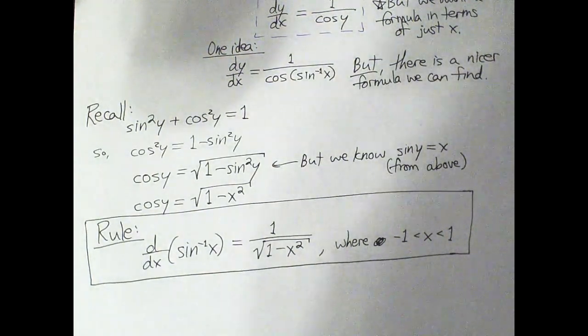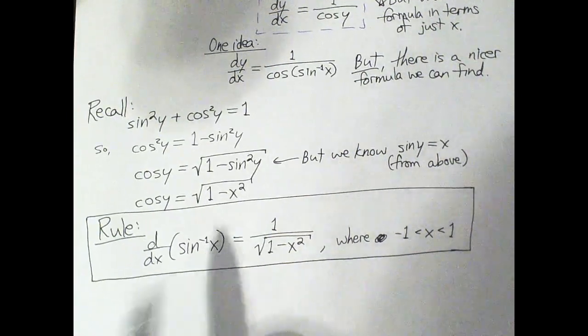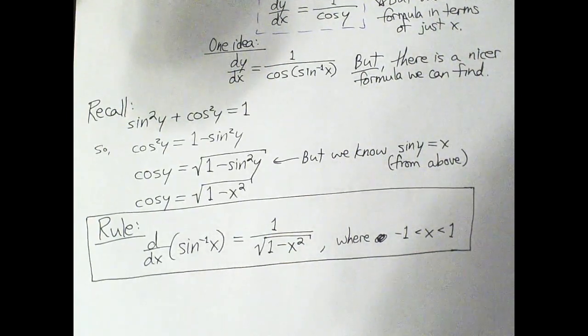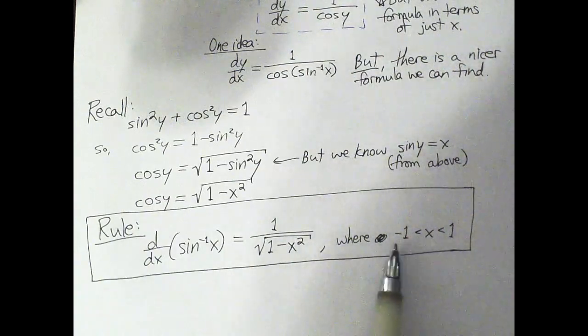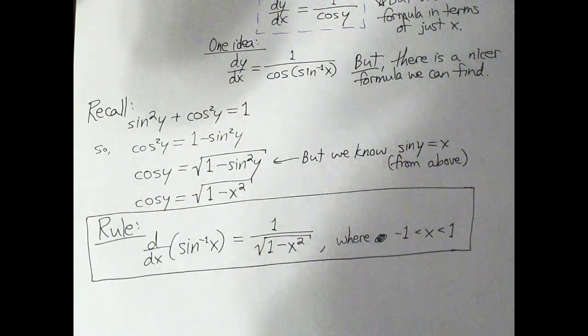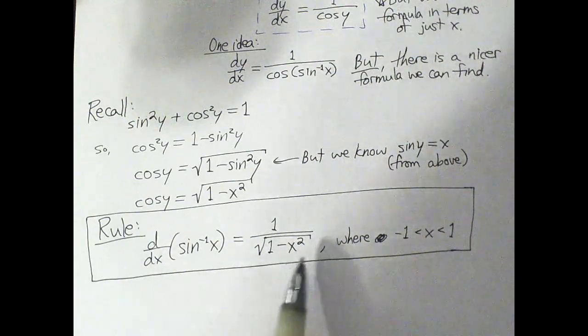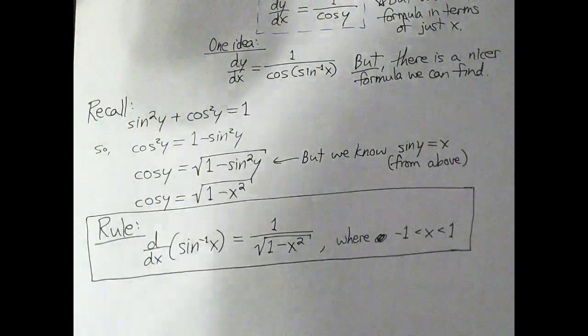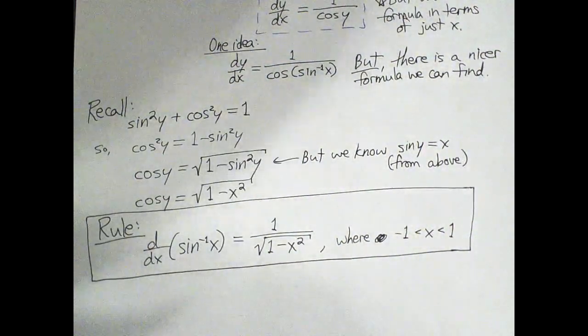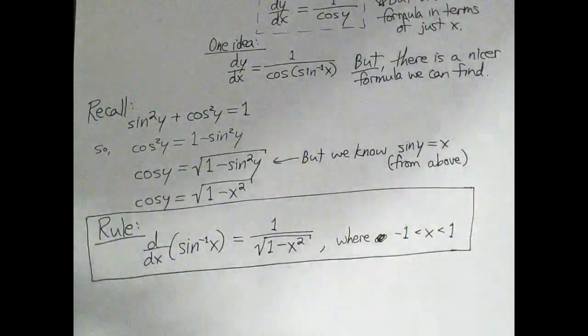Because if you remember back to when you first learned about inverse trig, it doesn't work for all real numbers x, right? Like what's inverse sine of 2? It's undefined. All right, so this is a formula that we can use, and we don't have to derive it every time we want to use it. We can just use this and solve some problems. So let's do a problem.